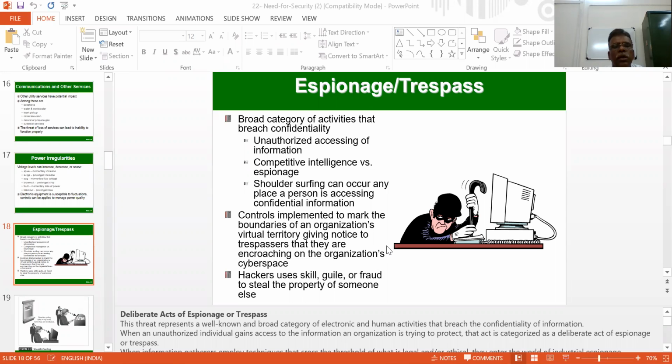These are all how we can distinguish them; they have their own properties. And overall, shoulder surfing can occur any place a person is accessing confidential information, like when we are drawing money through an ATM. These are intelligence characteristic features, also problematic. Controls are implemented to mark the boundaries of an organization, virtual terror.